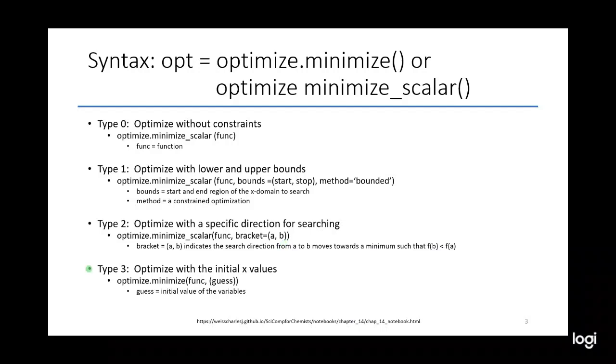When minimizing an objective function with an initial guess or starting point, we should use the optimize.minimize function and provide the initial value. So this is the initial guess, and we have the objective function in the arguments.